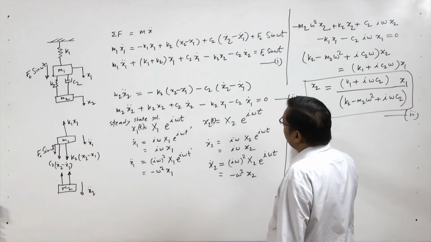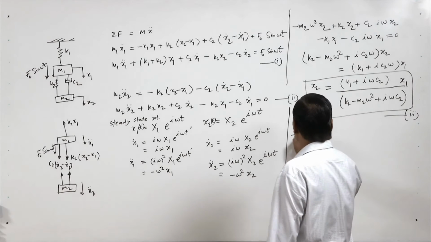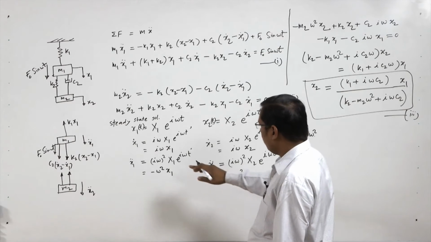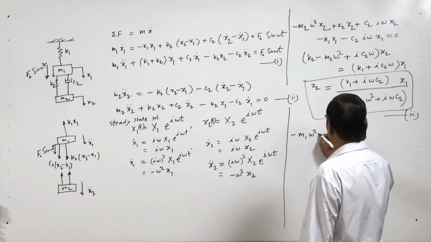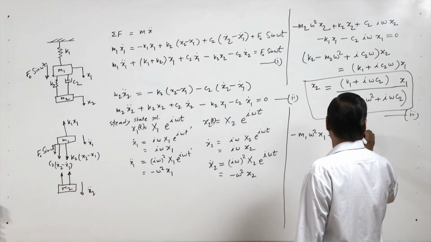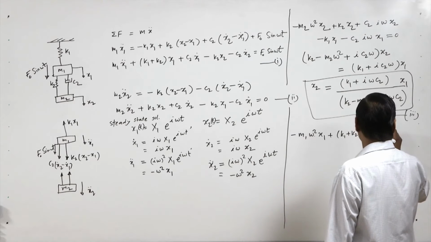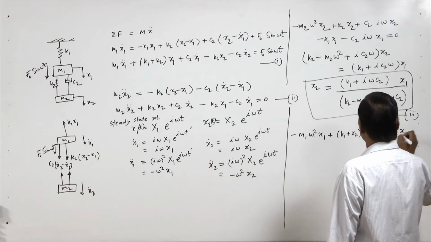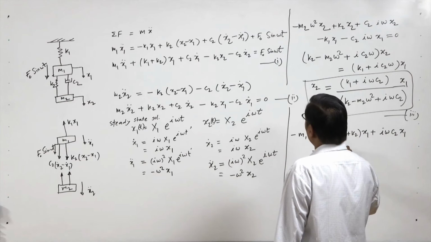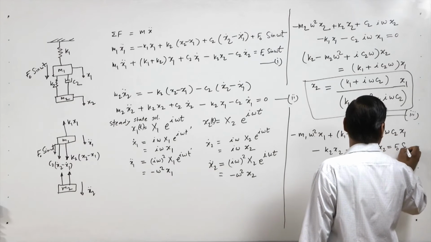So m1 x1 double dot will be minus m1 omega square X1, plus (k1 plus k2) X1, plus i omega c2 X1, and minus k2 X2 minus i omega c2 X2 equal to f0 sin omega t.